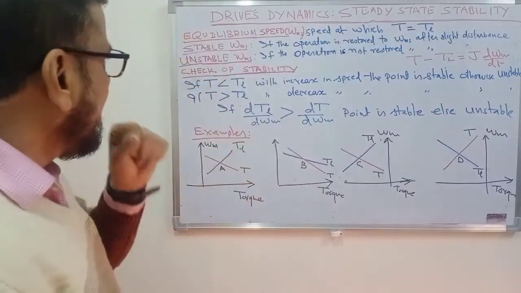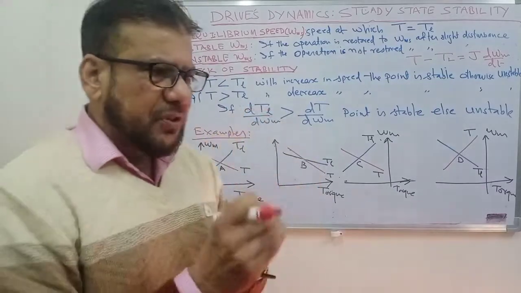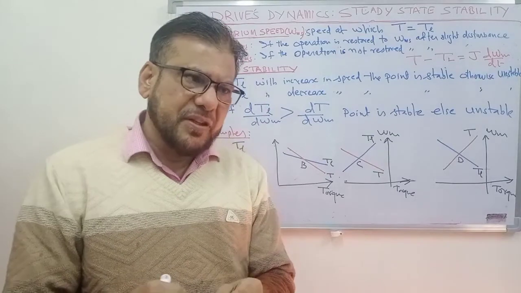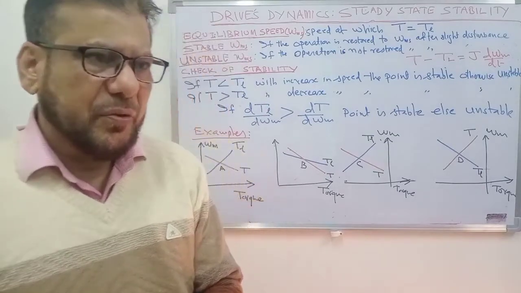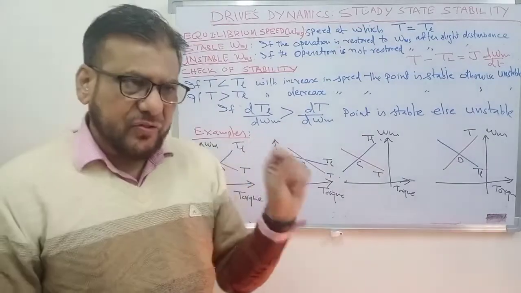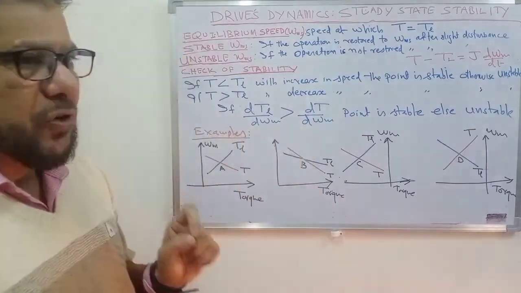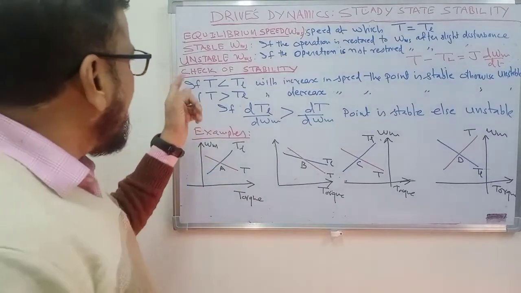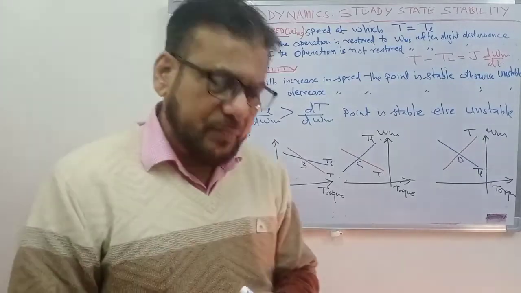On the other hand, if due to some disturbance speed changes and that speed is not restored, then that operating point will be called unstable operating point, and that speed you can call as unstable steady state speed.